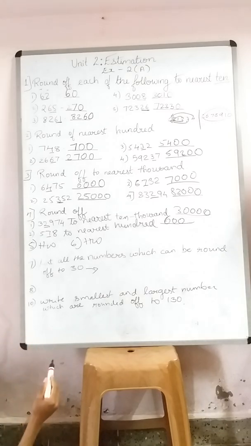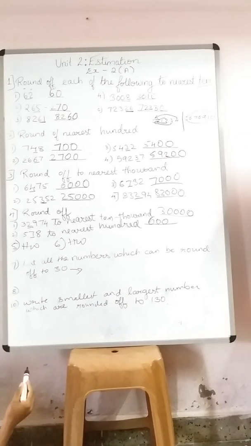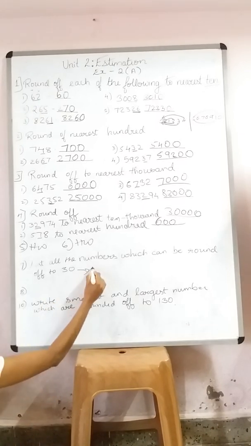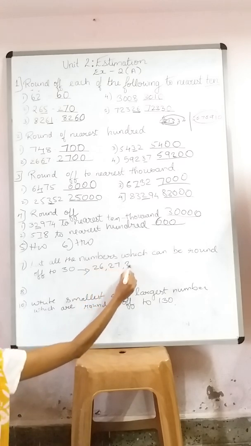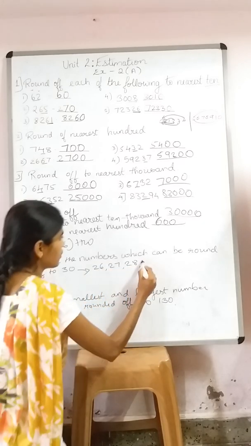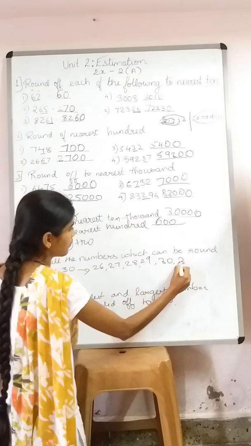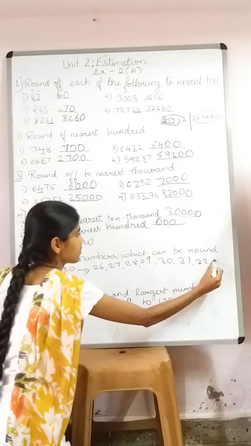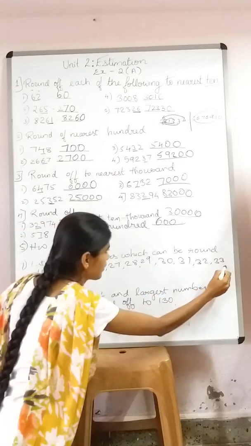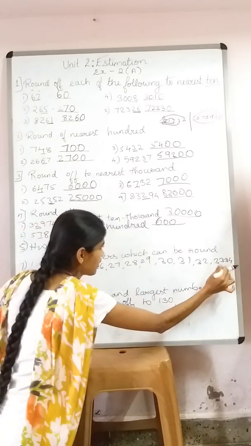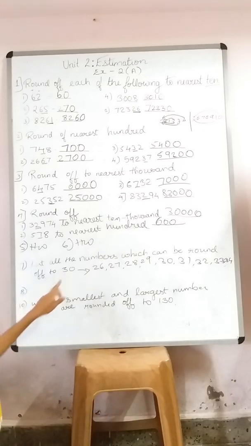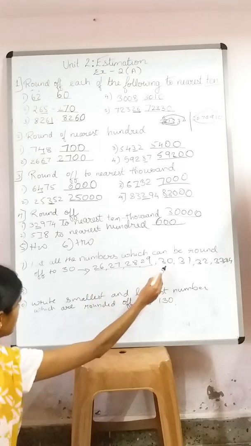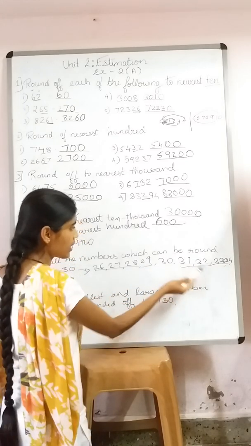The numbers that can be rounded to 30 start from 25, because you should concentrate on the ones place. 26, 27, 28, 29, 30, 31, 32, 33, and 34 are the numbers which can be rounded to 30. Did you understand? Because these are 5 or more, we say it is 30. And these are less than 5, so we say again 30.